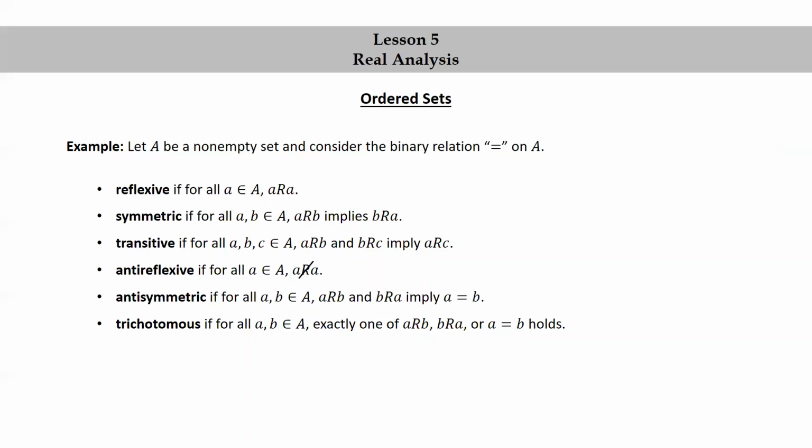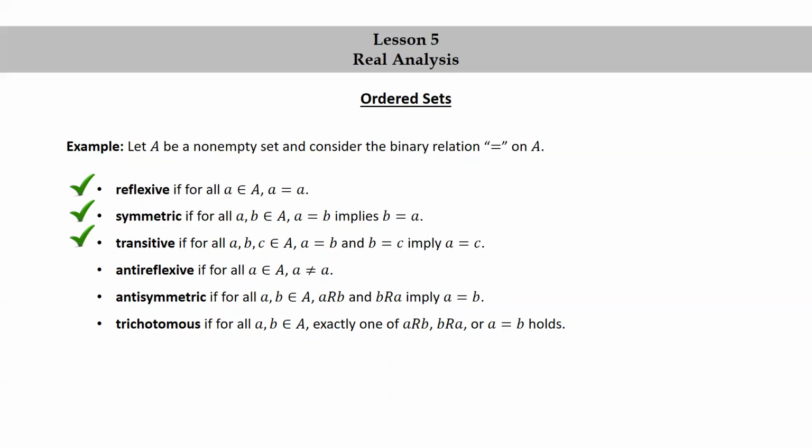So reflexive, for all a in A, a is equal to a, is true. Symmetric, for all a, b in A, a equals b implies b equals a, is true. Transitive, for all a, b, c in A, a equals b and b equals c imply a equals c, is true.